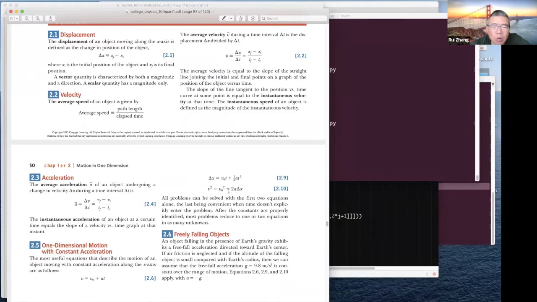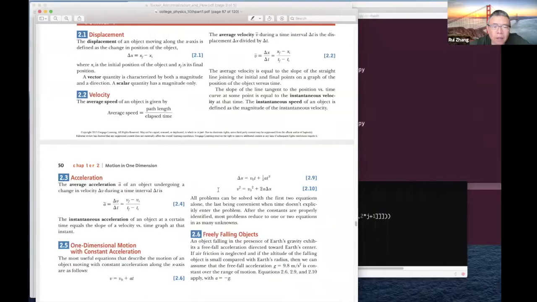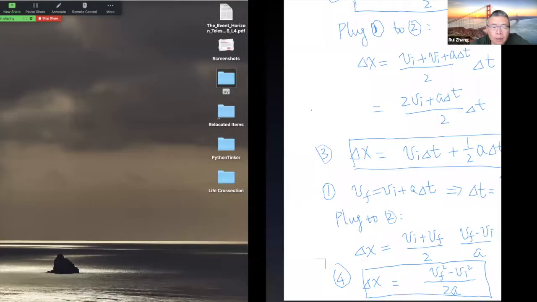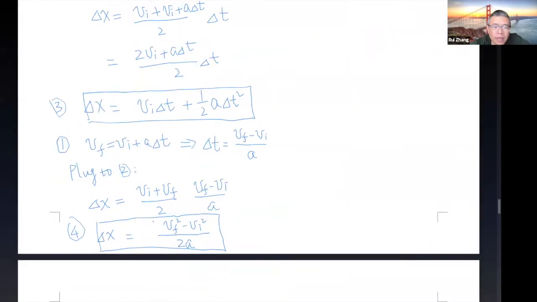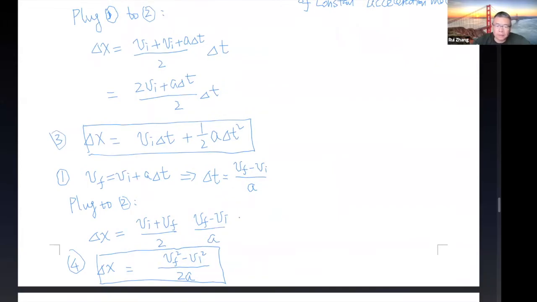The last one here they write a little differently. Essentially, they write vf squared equals vi squared plus 2a delta x.